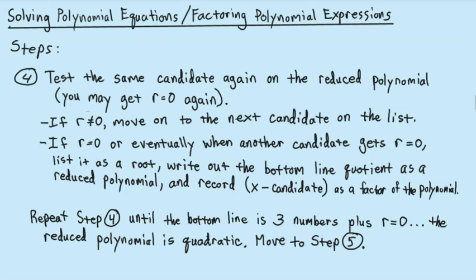So be careful. Watch for the synthetic division. And when you're down to 3 numbers on the bottom line, you're actually done with step 4. When you get down to 3 numbers on the bottom line, that means that the reduced polynomial is quadratic. And just like in step 3, we said that once it becomes quadratic, we skip over to step 5, or in this case, we just move on to step 5.